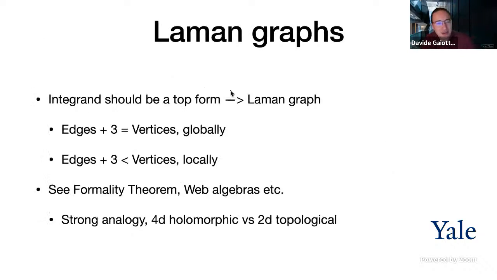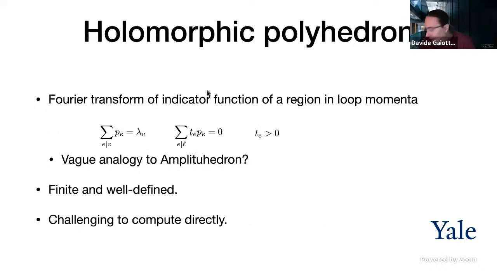This simplification to Fourier transforms I think might happen in 6D holomorphic Chern-Simons theory as well, but I've not looked in detail.